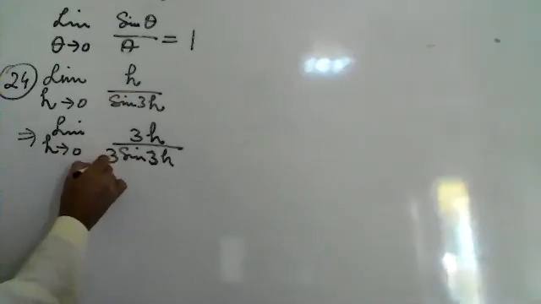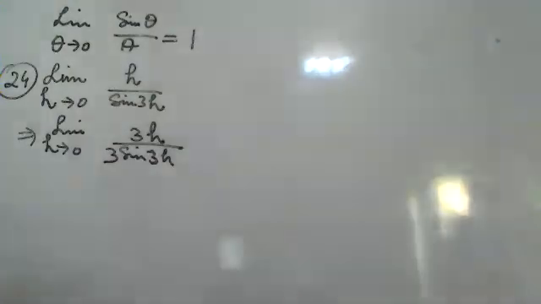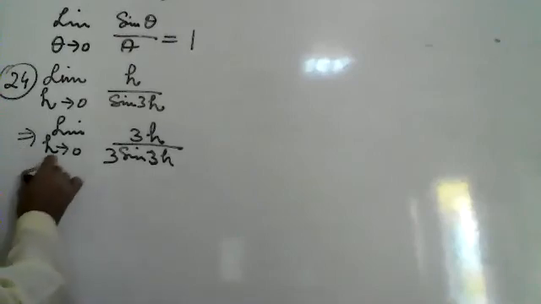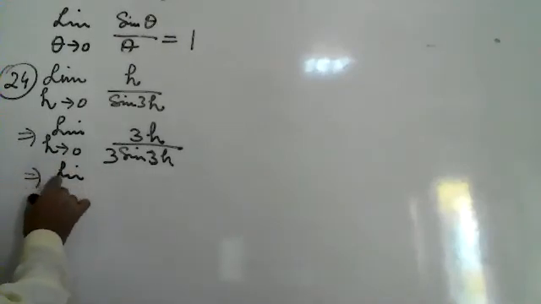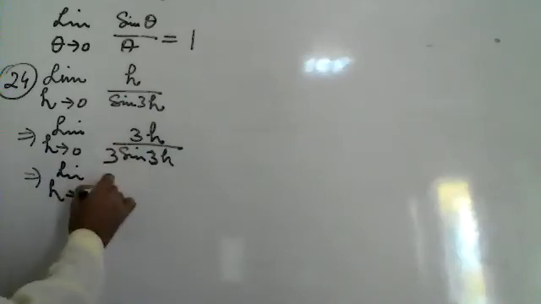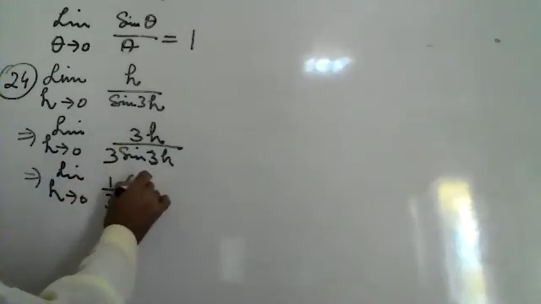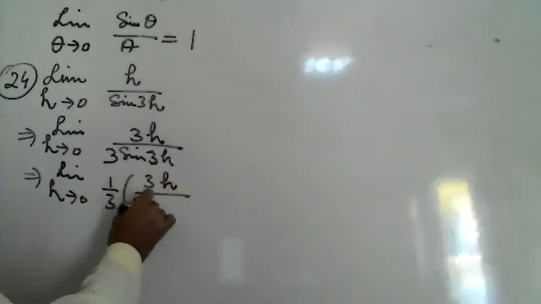When we multiplied over there by 3, here also we have to multiply it by 3. So now it is limit h tends to 0, 1 over 3 into 3h over sine 3h.